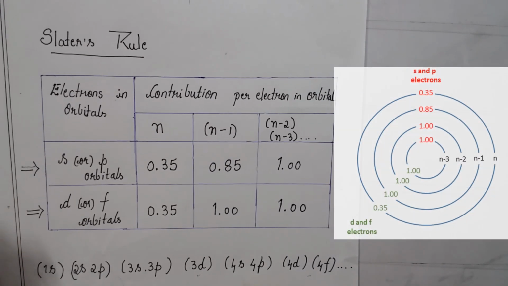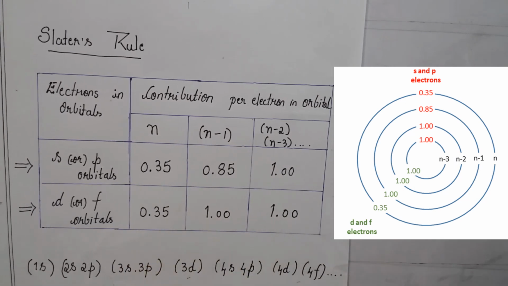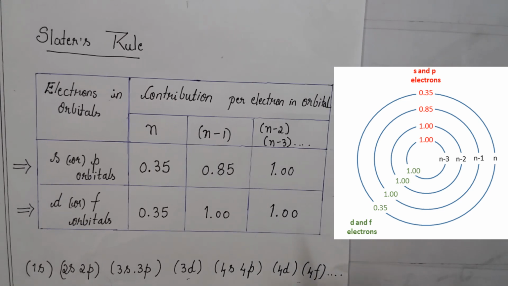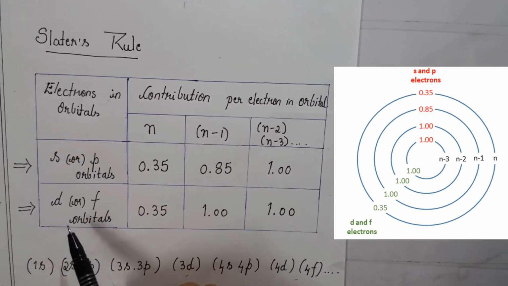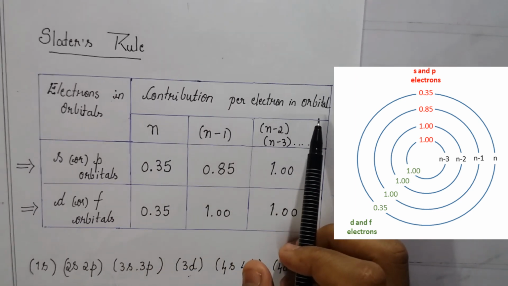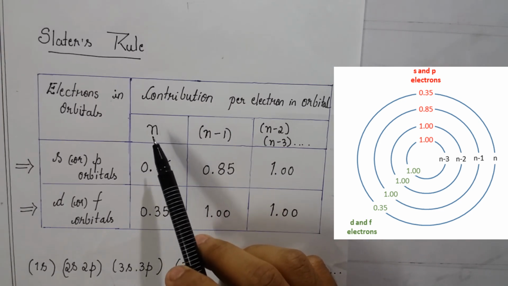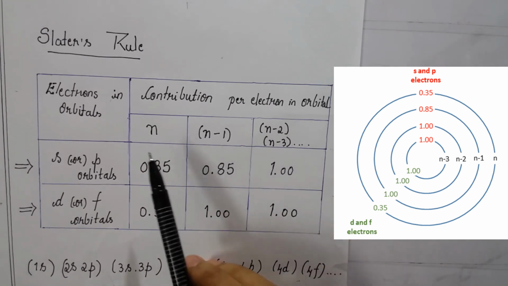Slater's rule provides some theoretical values for electrons in the orbitals so that we can calculate the value of sigma. The electrons can be in s or p orbitals, and d or f orbitals. Now the contribution per electron depends on whether the electron is present in the n shell, or the n minus 1 shell, or n minus 2 or n minus 3.